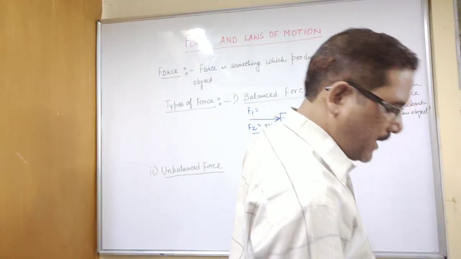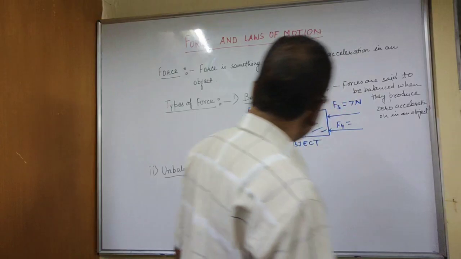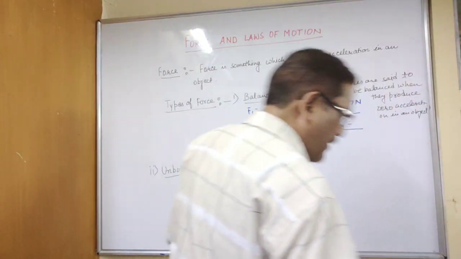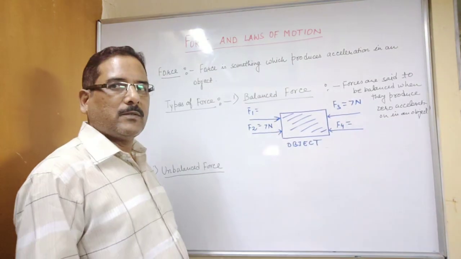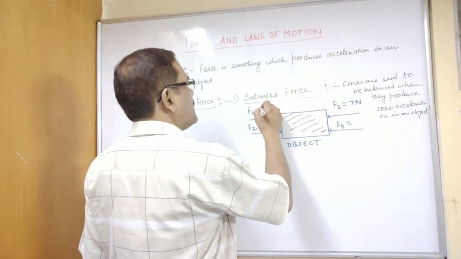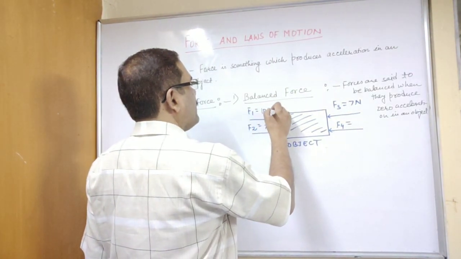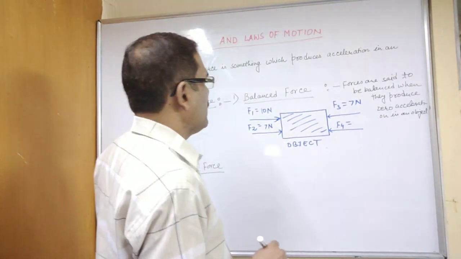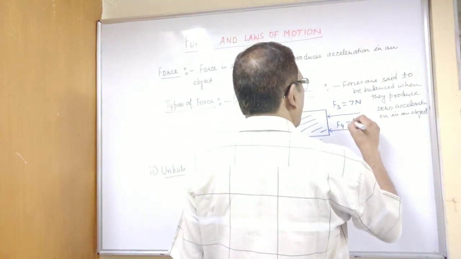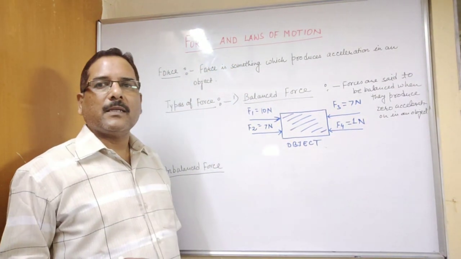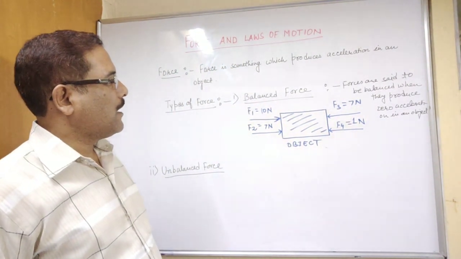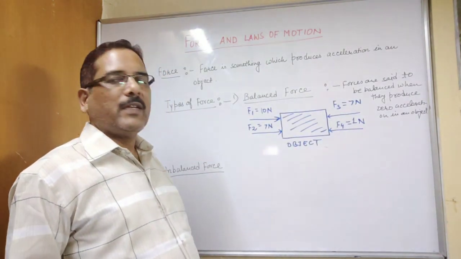Suppose there is an object and two forces are acting on it from the left side, and suppose this force is of 10 Newton and here we have a force of 7 Newton, and on the right side 7 Newton and 1 Newton. So what do you think? What will happen in this case? The object will move in which direction?